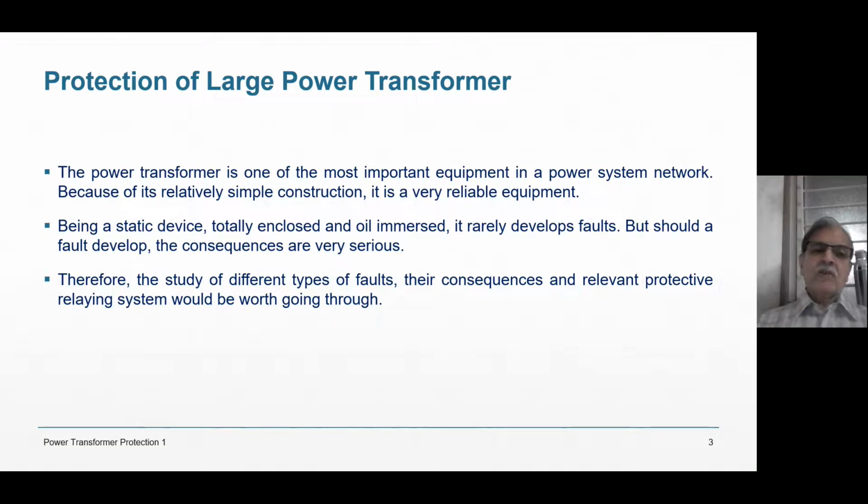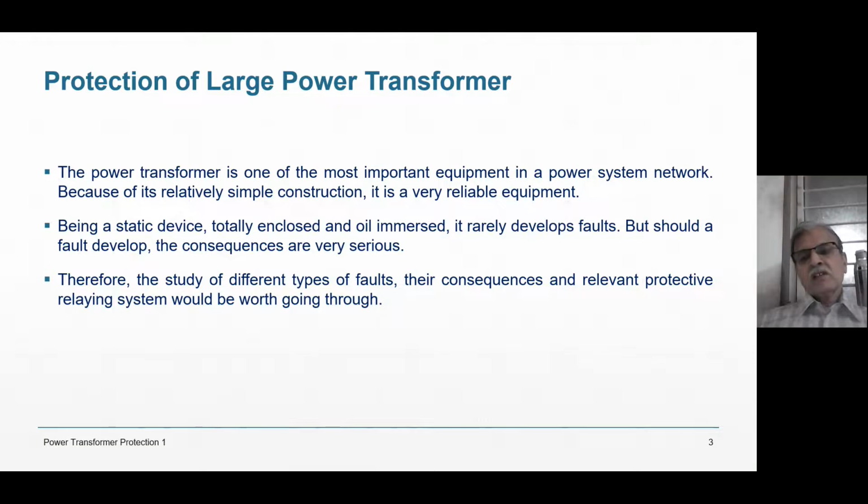But if the fault develops, its consequences are very serious, because fault means flashover, and flashover in oil means oil is inflammable and the transformer can burst. If you have visited substations, you would have seen that if there are 3 transformers or 2 transformers working in parallel, then they construct a wall in between, so that if transformer bursts, it does not damage the nearby devices.